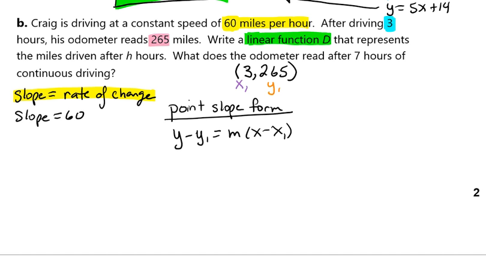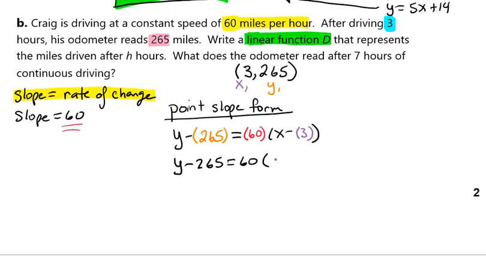Now we know what our y1 value is, so we can replace that. We have a y1 value of 265. And we have a slope value of 60. Our x1 value is 3. And it looks like we don't have any double negatives to simplify out, so we have y minus 265 equals 60 times x minus 3.